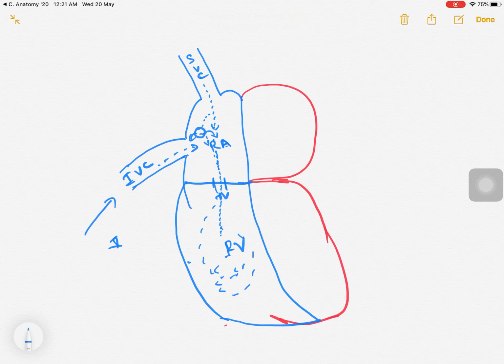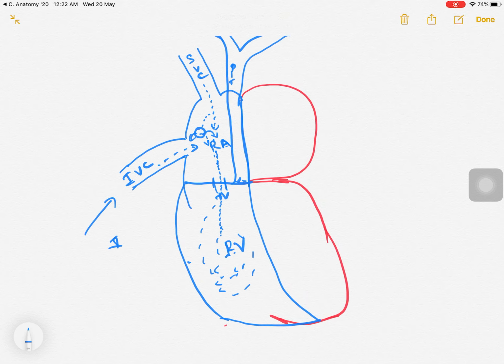Now from the right ventricle, the blood has to go to the lung. Here there is one blood vessel called the pulmonary trunk. What happens when this right ventricle contracts?